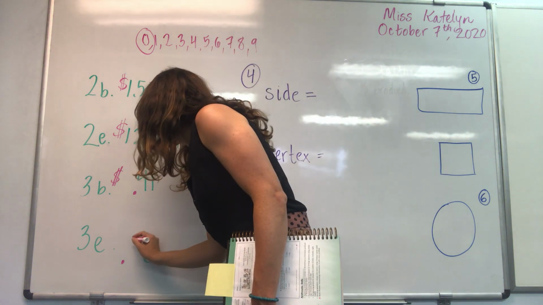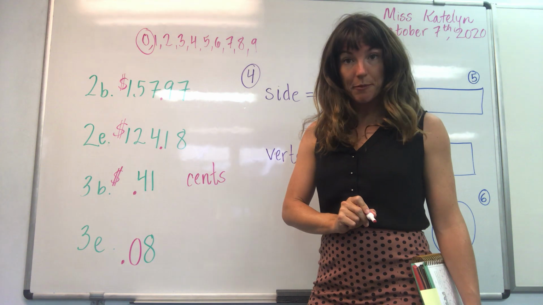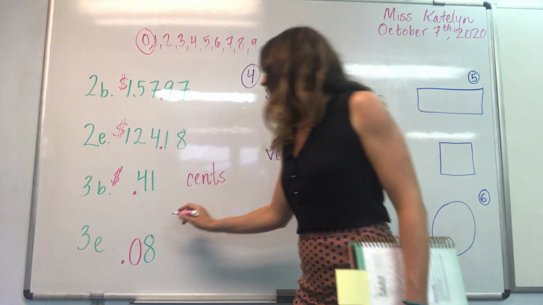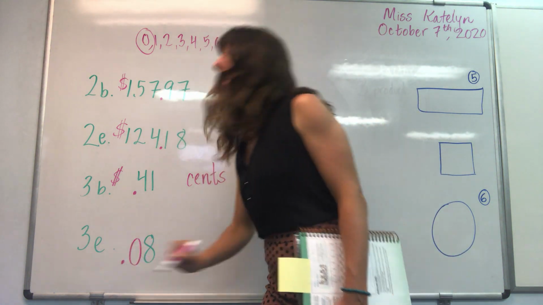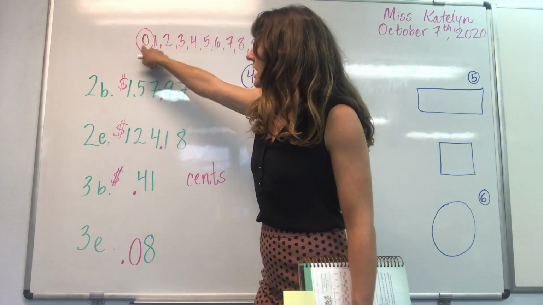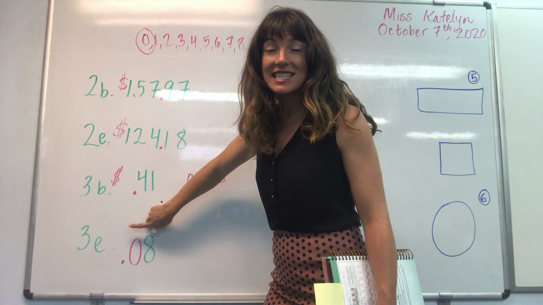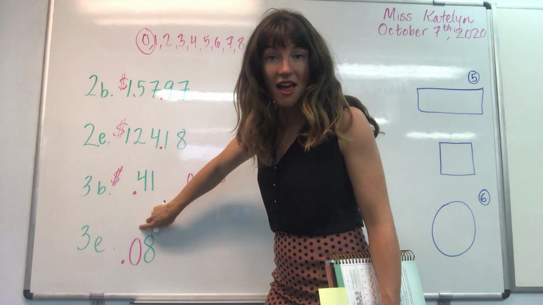0. Watch Miss Caitlin. And do that on your paper. At 3E, you need to count over twice. 1, 2, place a decimal point and put the digit in the space where there isn't anything. This is the digit that means nothing.